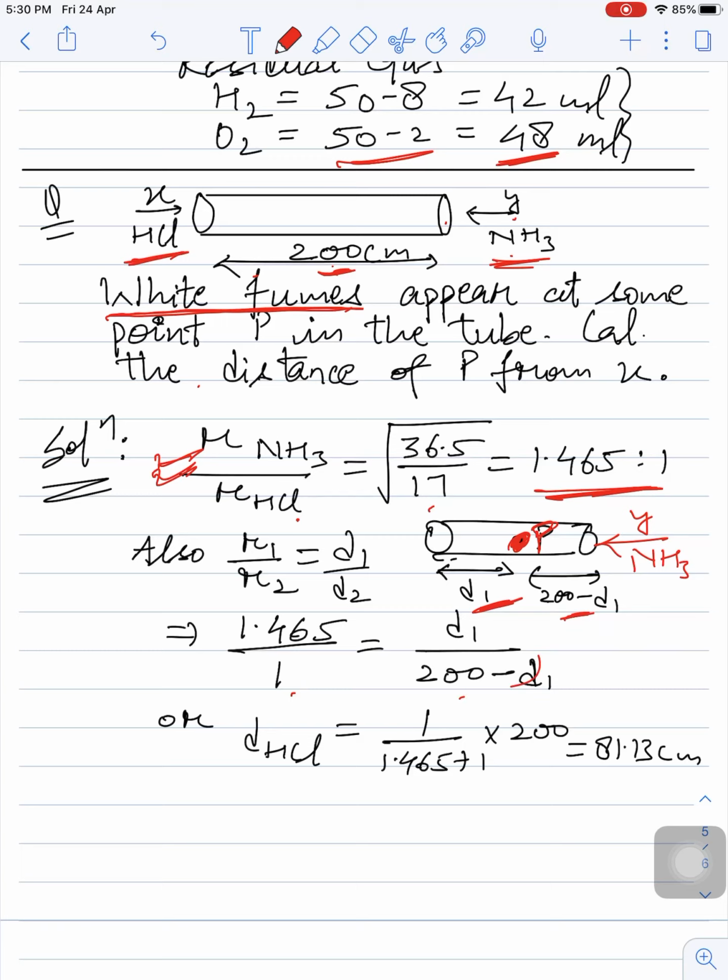We can easily solve, or we can write it in the inverse way, that is D1 upon D1 plus D2 equals R1 upon R1 plus R2. There are two methods.